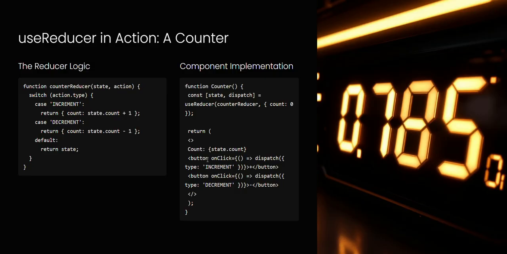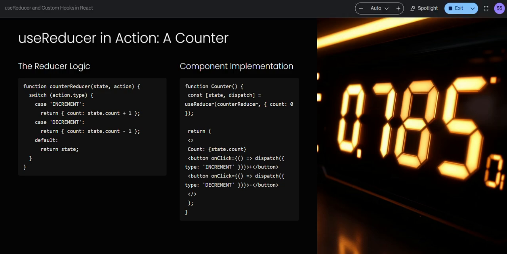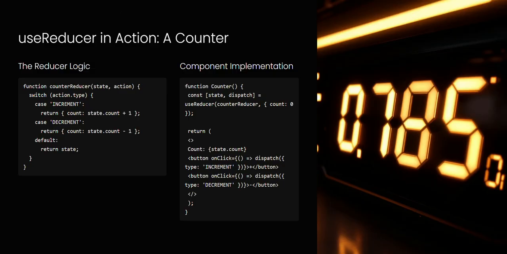The buttons don't contain any calculation logic. They simply call dispatch with a clear, descriptive action object like type INCREMENT. The component focuses on the UI and the reducer handles the state machine. A clean, effective division of labor.